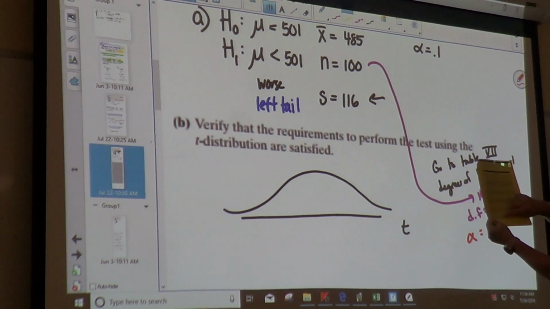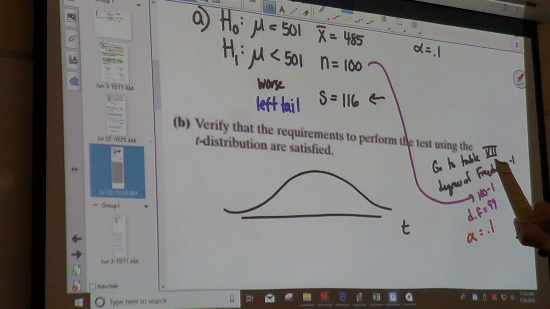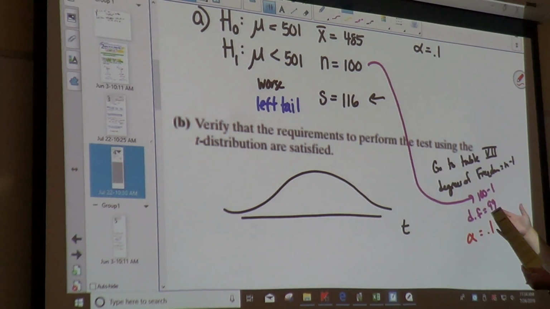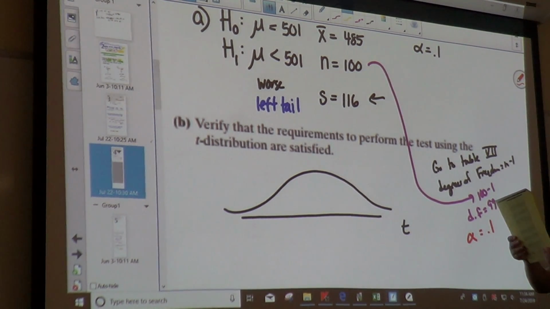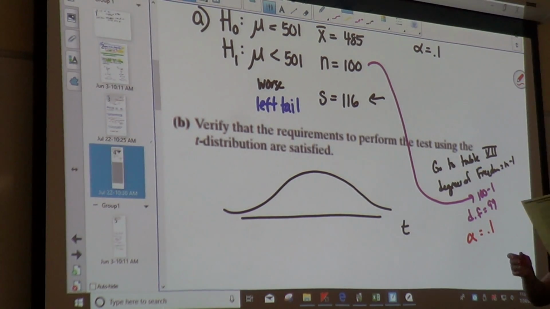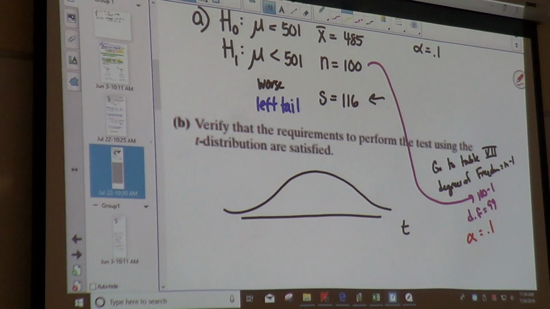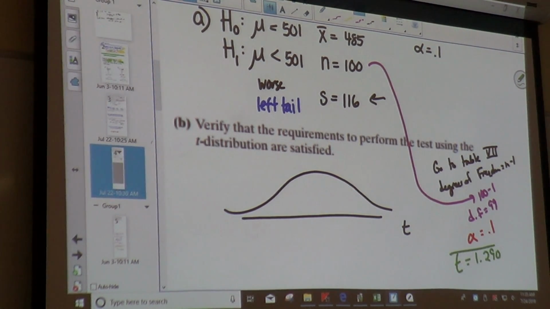And when I come down, it goes from 90 to 100 on degrees of freedom. So there is no 99. I've got to use whatever's closest. So what am I going to use? 100. Even though it's supposed to be 99, there's no 99 on the sheet. So I've got to use 100 and 0.1. What matches up with 100 and 0.1 on table 7? 1.29. So my T is going to be 1.290 from my table.